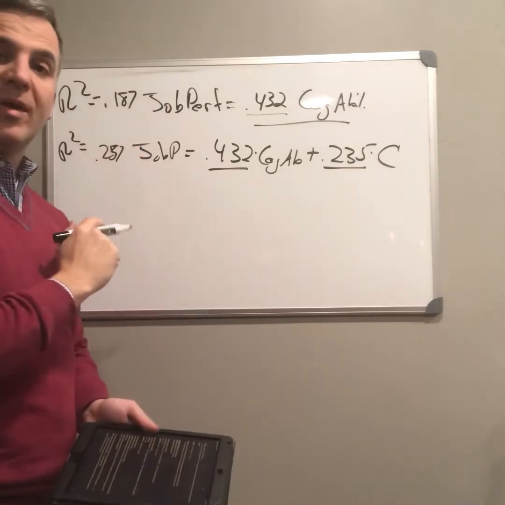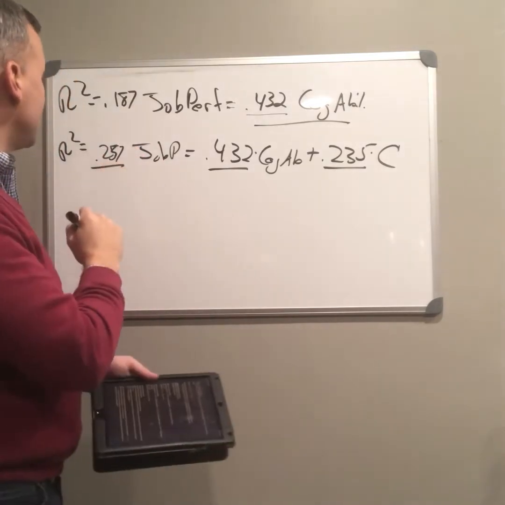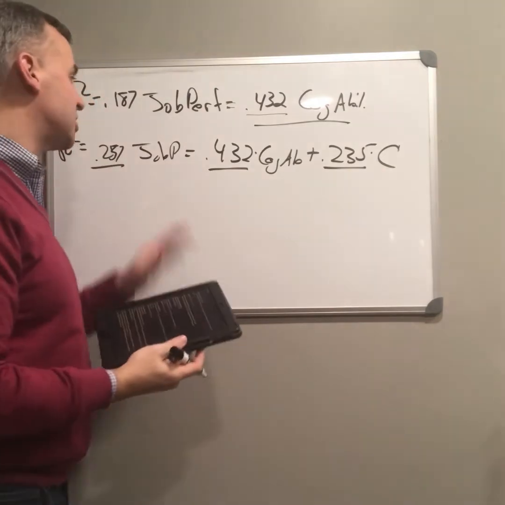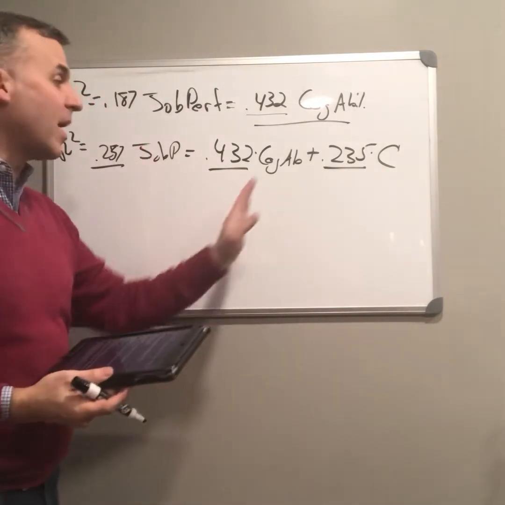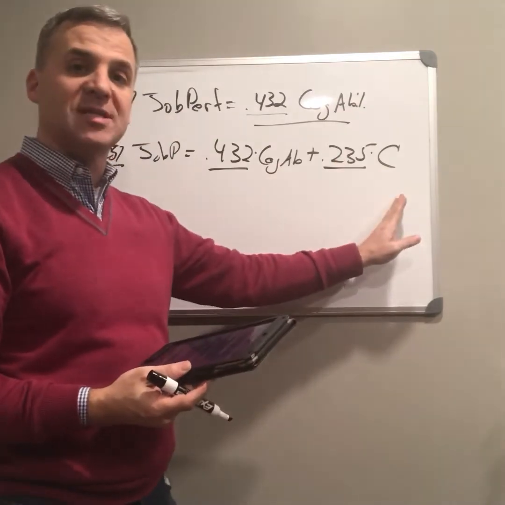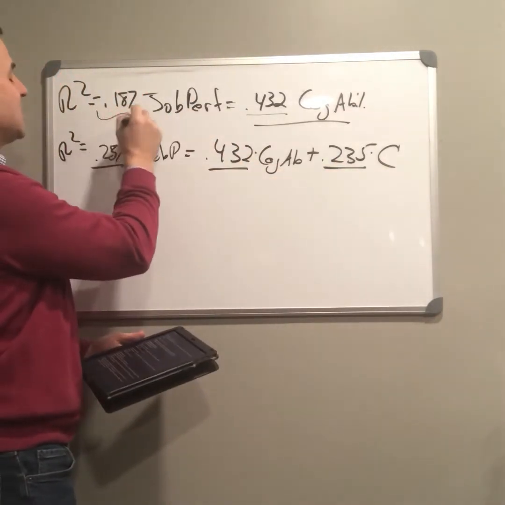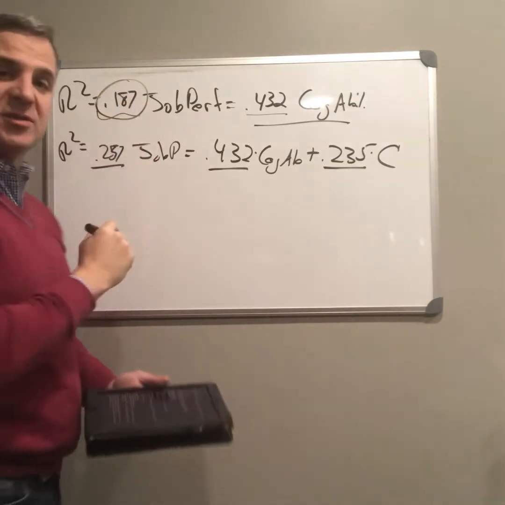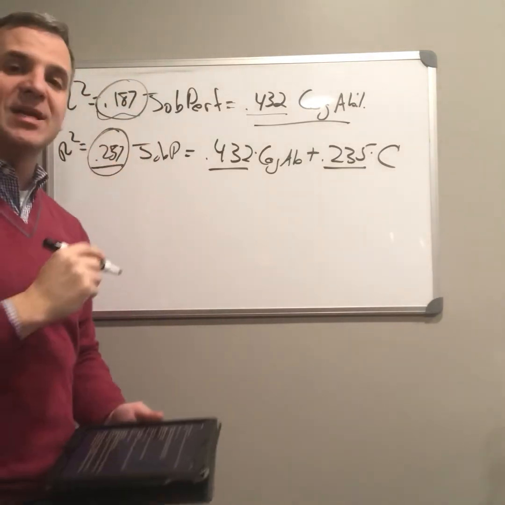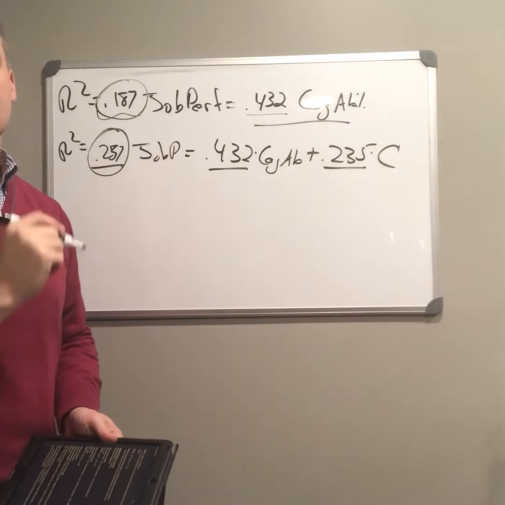So now we're saying that almost 26% of the variance in job performance can be explained by cognitive ability and conscientiousness together. And so now we see this increase.